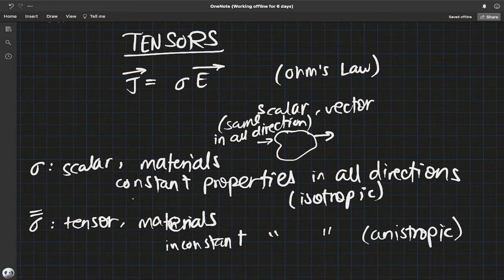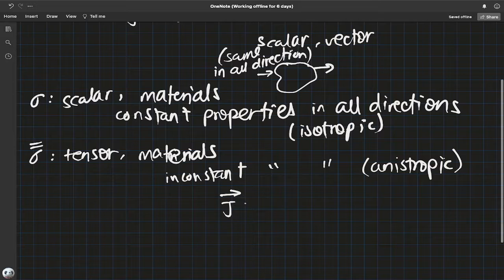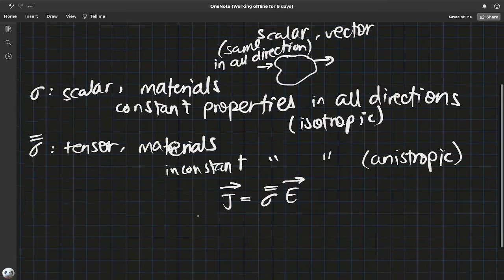Okay, so in that case it's a tensor, and when I write the correct version of Ohm's law, the current density J, which is a vector, is equal to the conductivity tensor applied to the electric field vector.